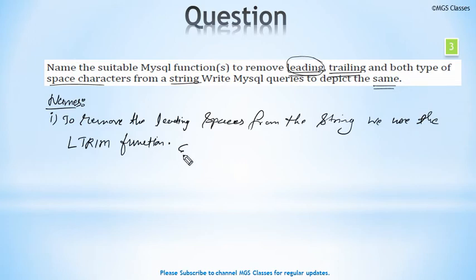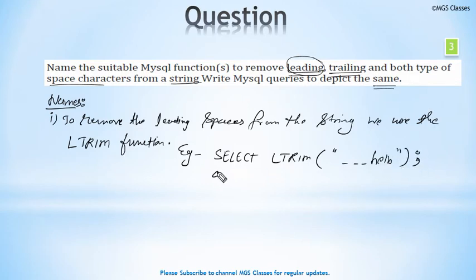For example, select LTRIM and then we have certain spaces like HELLO, then its output will be hello only without any spaces. So LTRIM function will remove these 3 spaces.